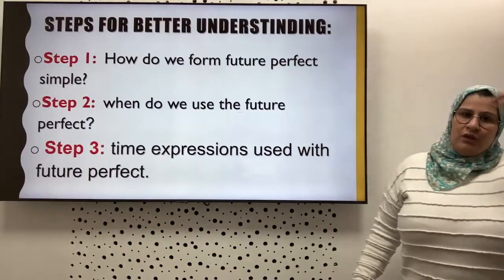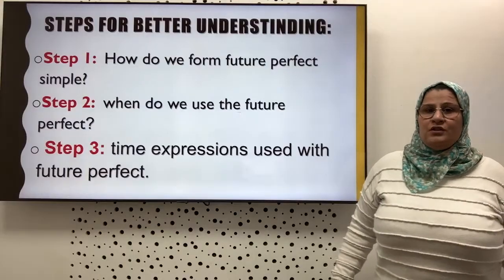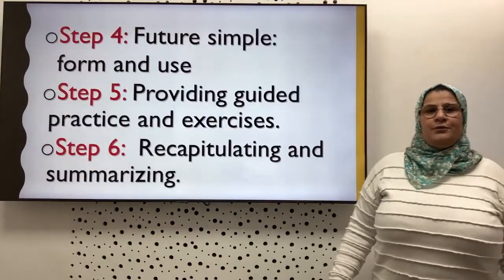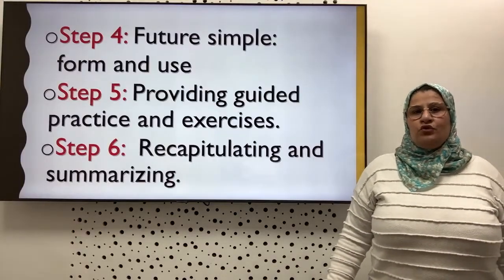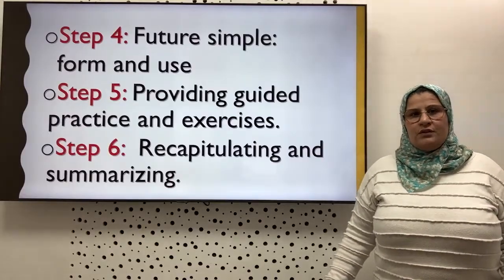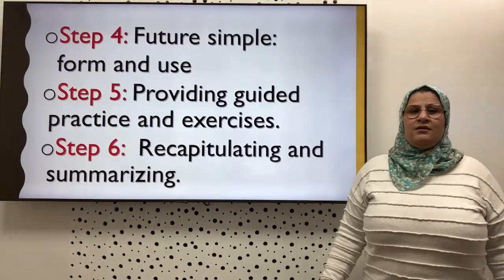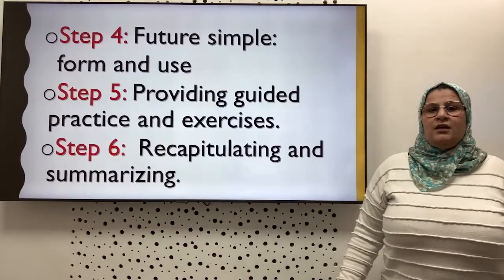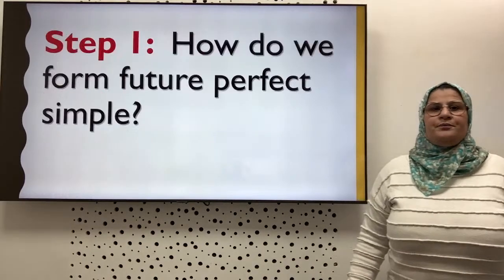In step number 3, we are going to focus on time expressions used with the future perfect. In step number 4, we focus on the future simple form and use, and we compare it to the future perfect simple. In step number 5, we provide guided practice and exercises. Finally, we recapitulate and summarize as a final step.